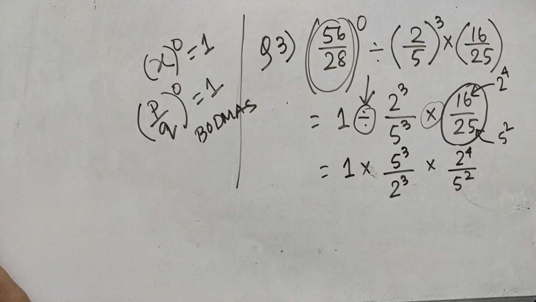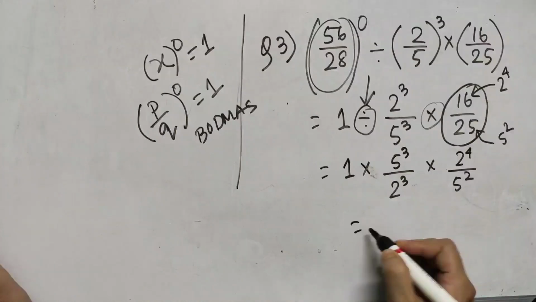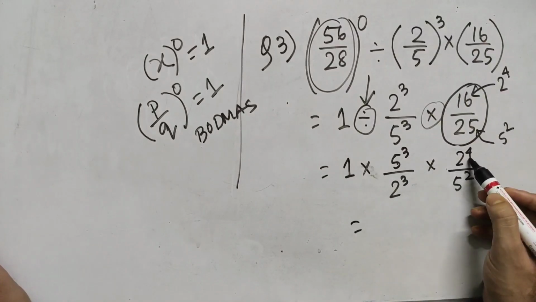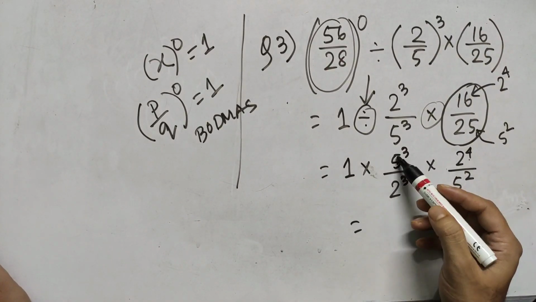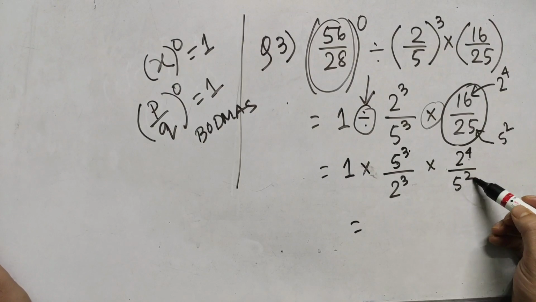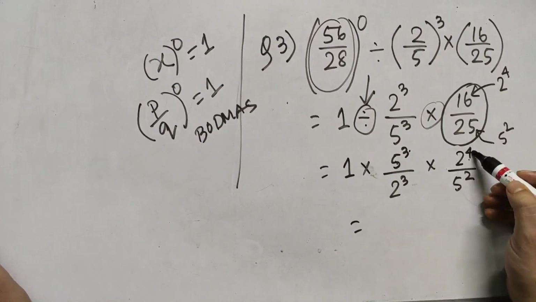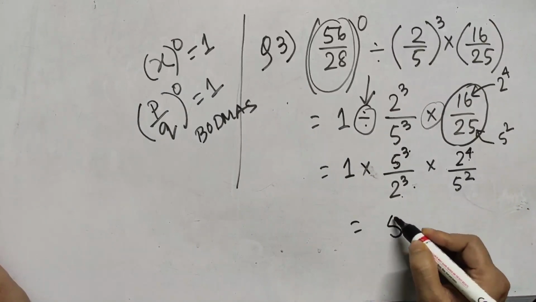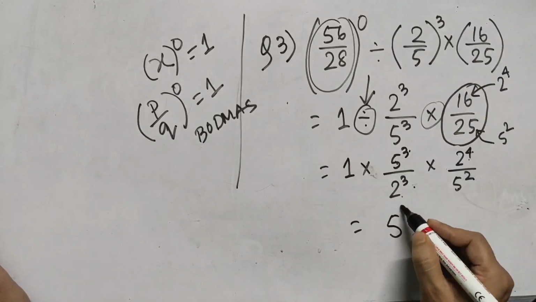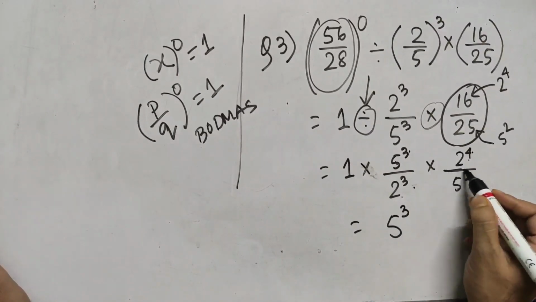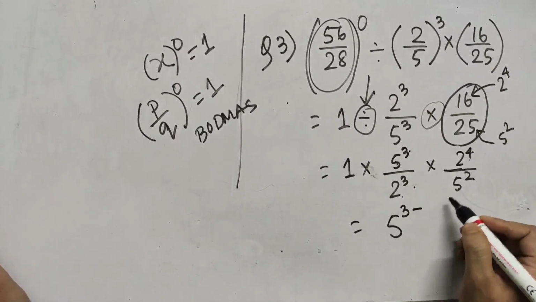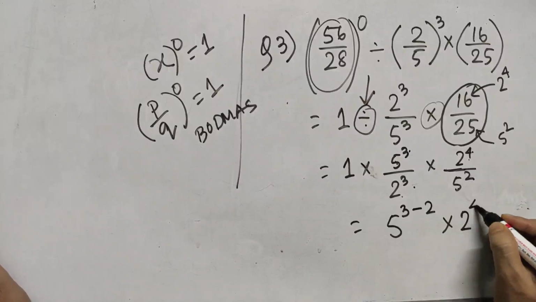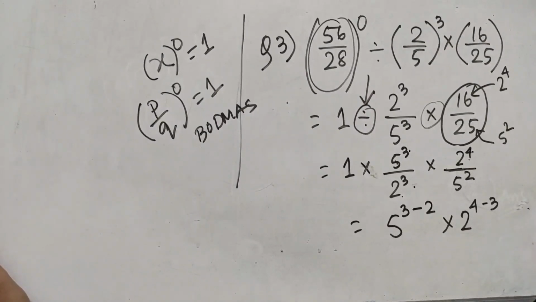So we have 5's cube divided by 5 square, and 2 to the power 4 divided by 2's cube. So let's write 5 to the power 3 minus 2, into 2 to the power 4 minus 3, right?